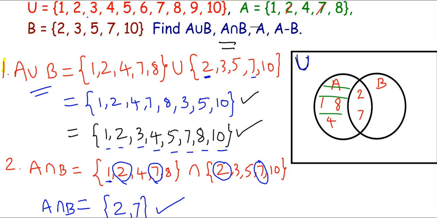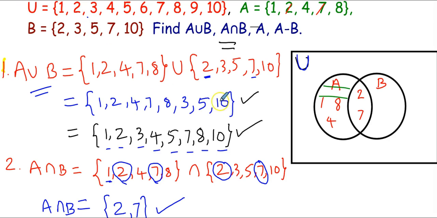Now go to set B. In set B, it is 2, 3, 5, 7, 10. Okay, so my elements are 2, 3, 5, 7 and 10. So out of those elements, this 2 and 7 are gone. Now we are left with only 3, 5 and 10. So let me write down 3, 5 and 10 in this remaining space.